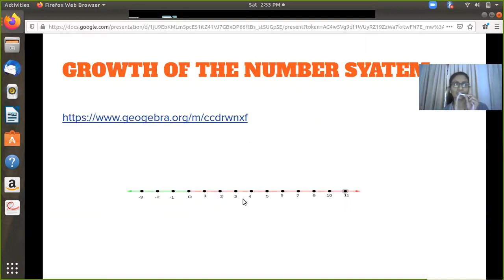So the introduction of 0 into the number system, which included the counting numbers, brought us to another group of numbers which we called the whole numbers. So the whole numbers were a combination of 0 with the counting numbers.